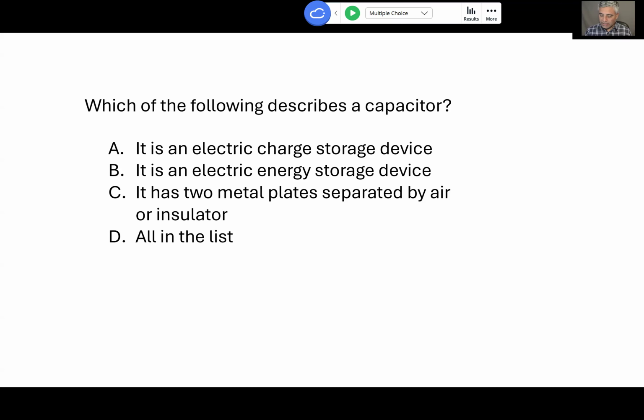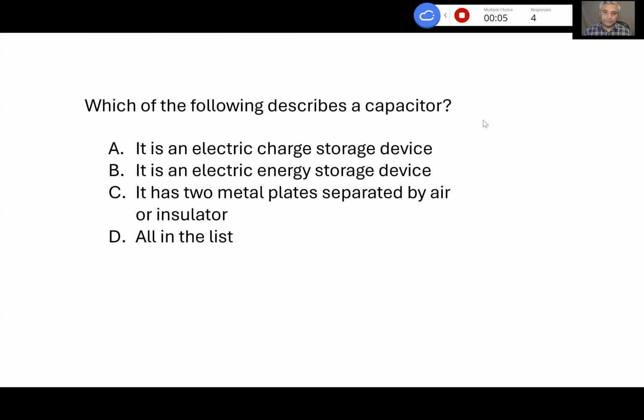Hey folks, welcome back. So I'm going to open this poll. Let's go ahead and poll on this. Thirty more seconds.